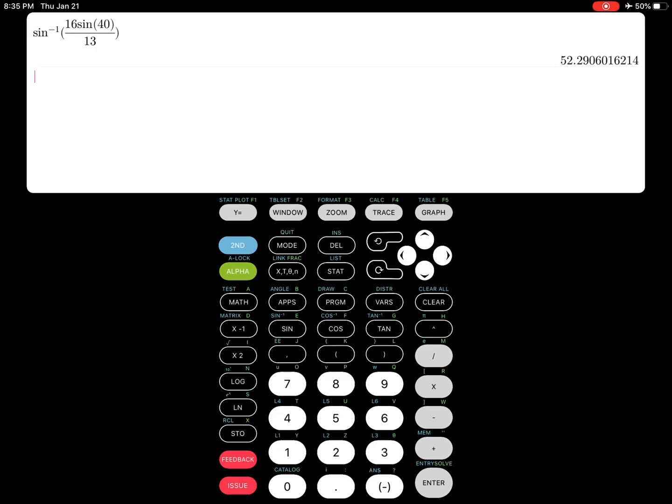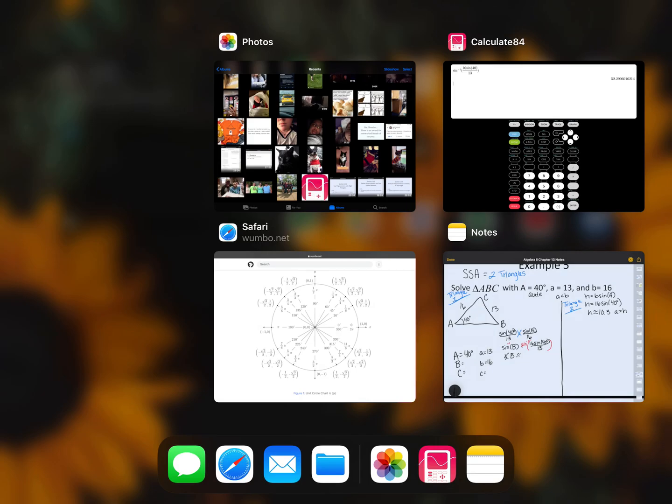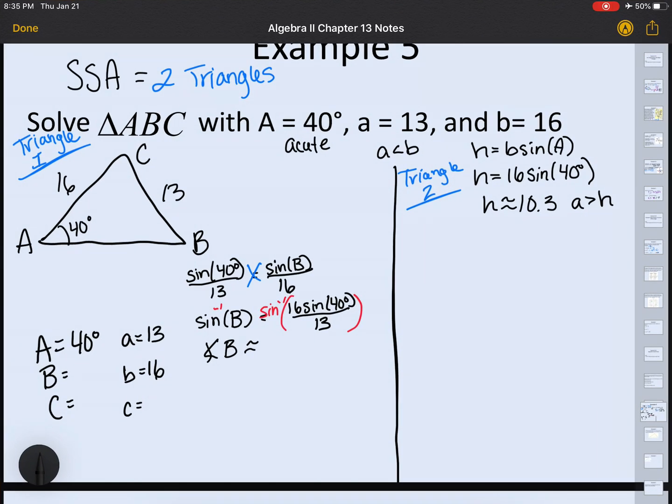Okay, and if we round that off, that is about 52.3 degrees. All right, so there's our angle B.